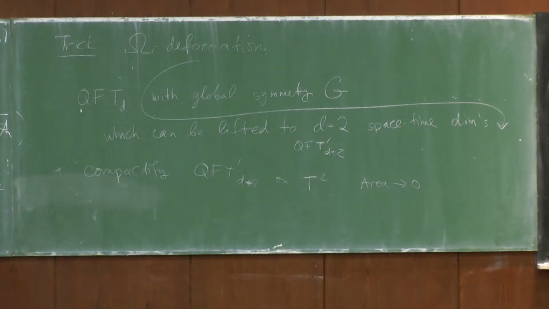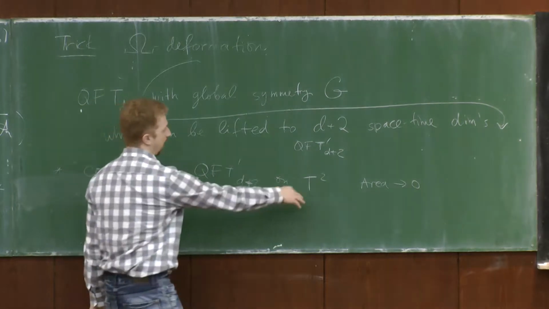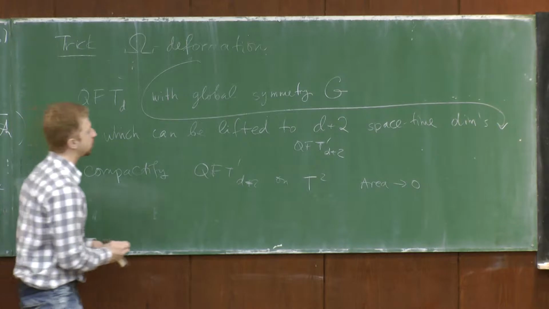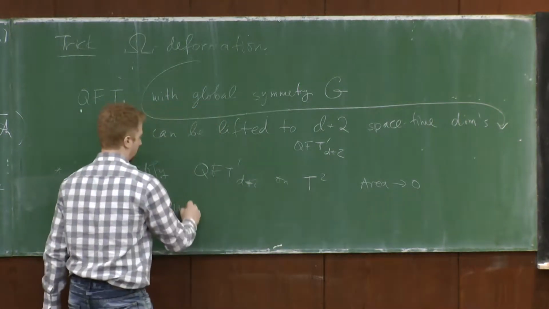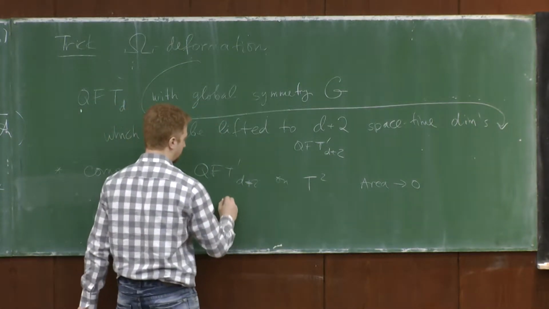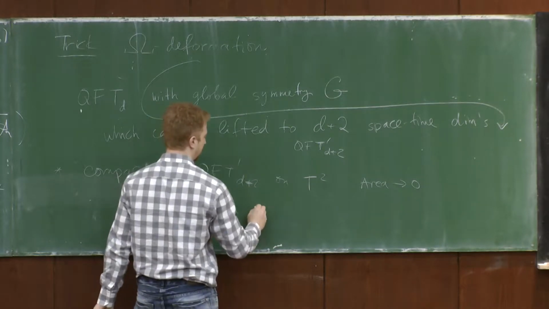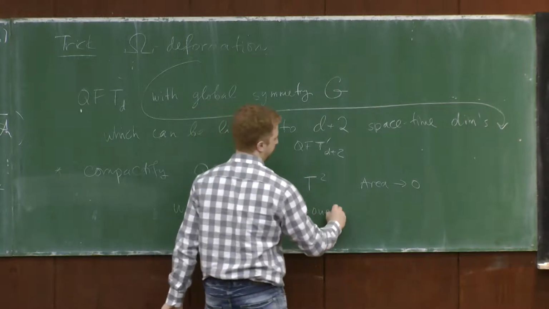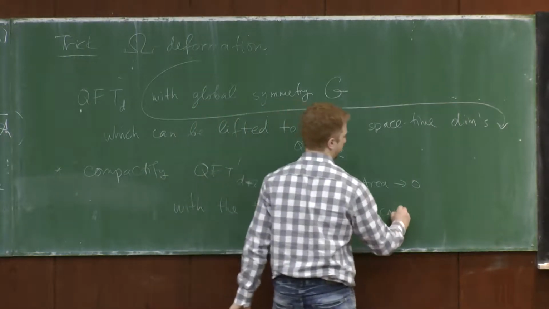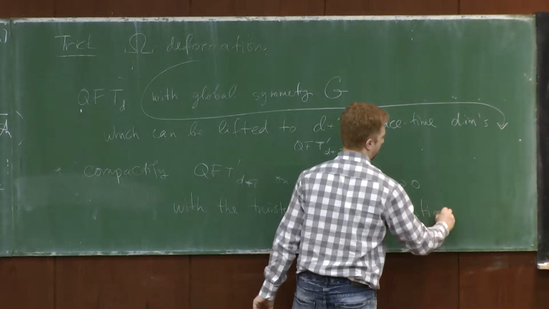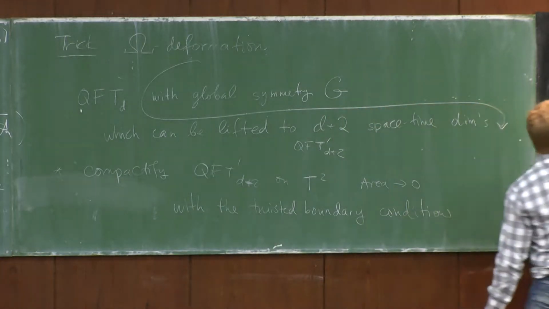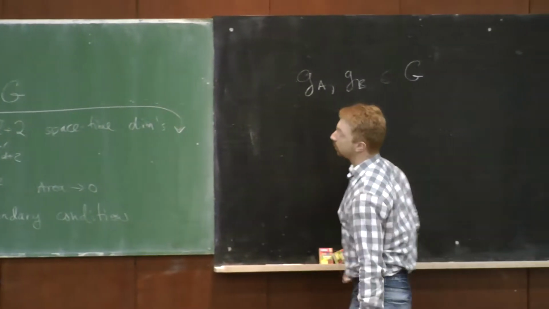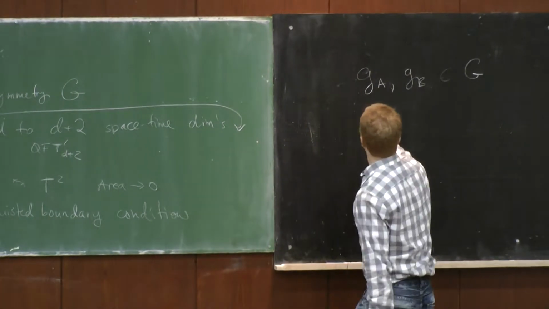So nothing changes. But now let me accompany the compactification of 2 dimensions on a torus with the twist, with the boundary conditions. I pick two commuting elements in my global symmetry group G. I assume that they commute.